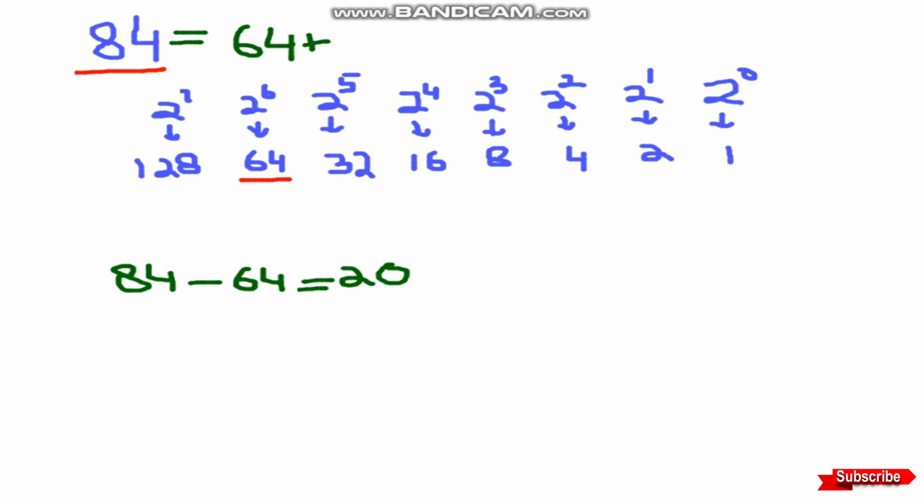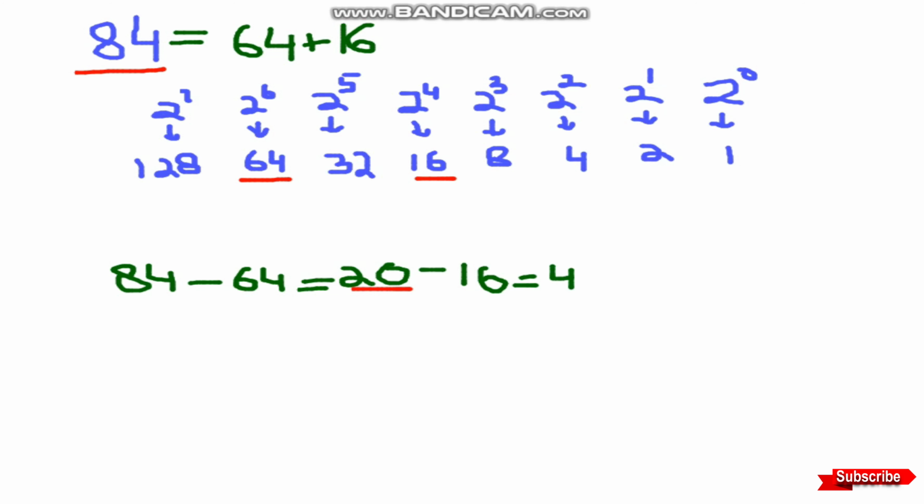So our next number is 20. Now we have to find the number that is equal to or less than 20. So we can see that 16 is less than 20. So we'll use this number. We'll write it here, 16, and we'll subtract 16 from 20. So the answer is going to be 4.